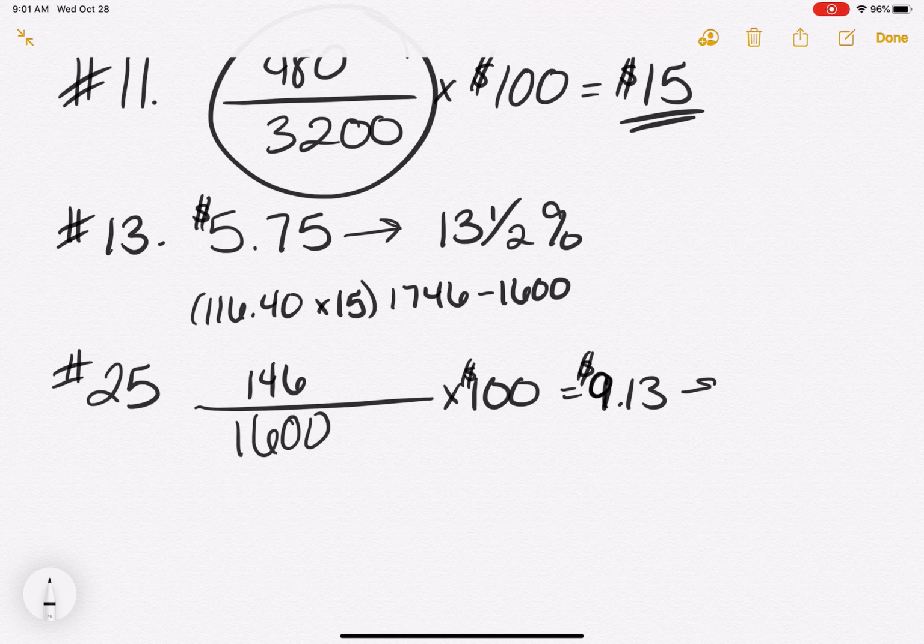So we go to the table. There were 15 payments. We're looking for 9.13. 9.06. 9.06 is closer than 9.23. Yes. 13.25%.